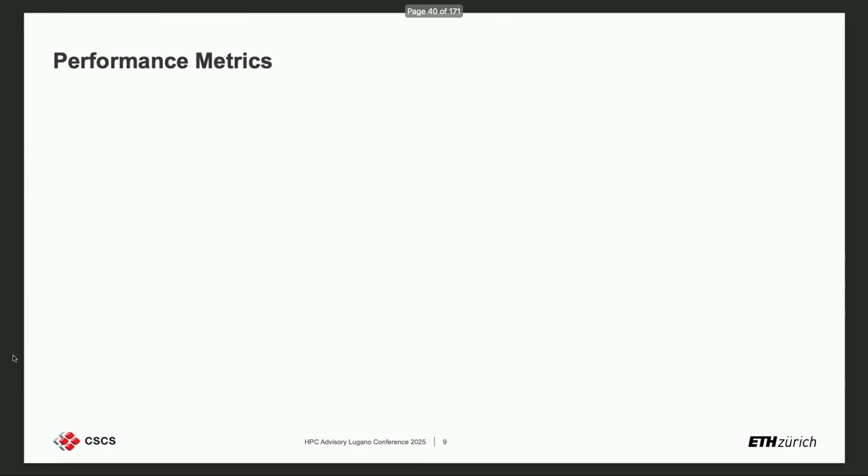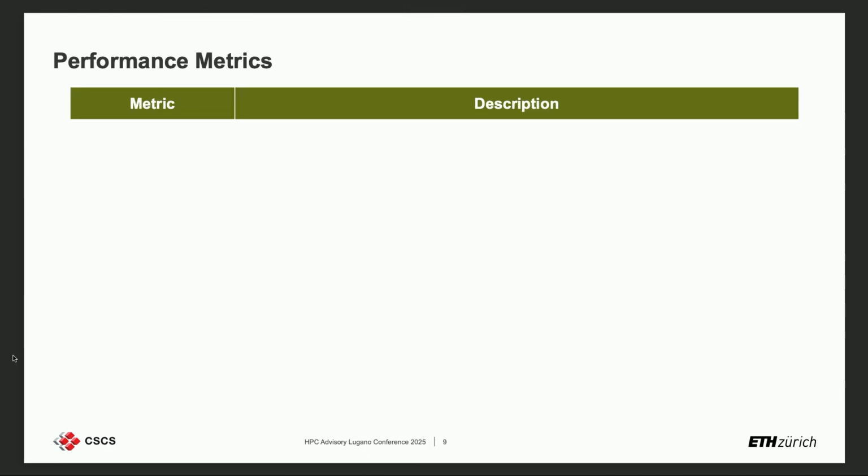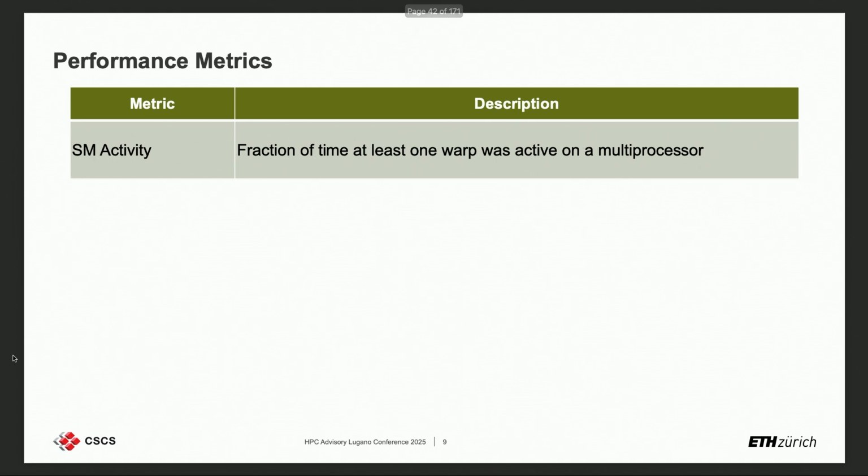Okay, so I just want to give a few examples of the type of data we're working with. Of course, this is not the only thing that you can query from the GPU, but they're definitely among the most interesting things that you can read. The first one is SM activity, which tells you the fraction of time at least one warp was active on a multiprocessor, averaged over all the SMs.